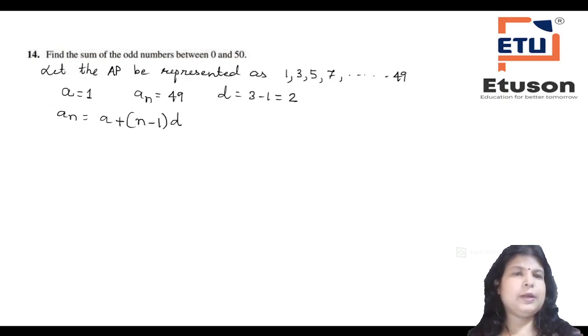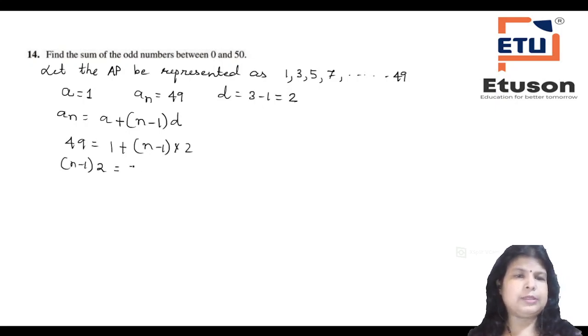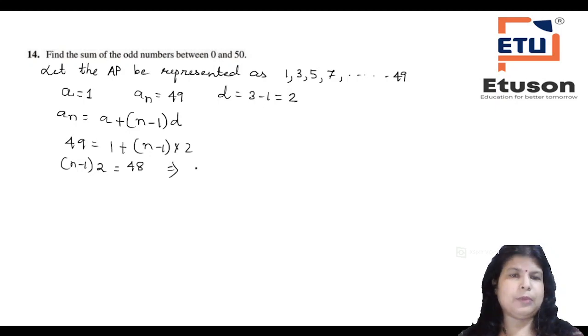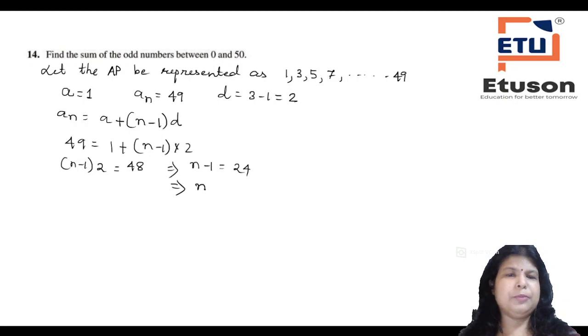Correct or not? The nth term here is 49. So that is equal to 1 plus n minus 1 into 2. Right? So your n minus 1 into 2 is equal to 48. It implies n minus 1 is equal to 24 and your number of terms is equal to 25.